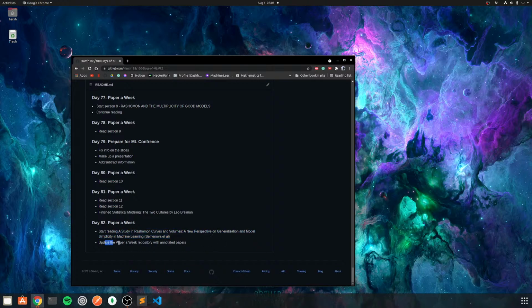And then I'll update the Paper a Week repository with the annotated papers which currently exist on my iPad. And finally, if I have time, I'll probably read Ishan Misra's and Yann LeCun's blog post on unsupervised learning.